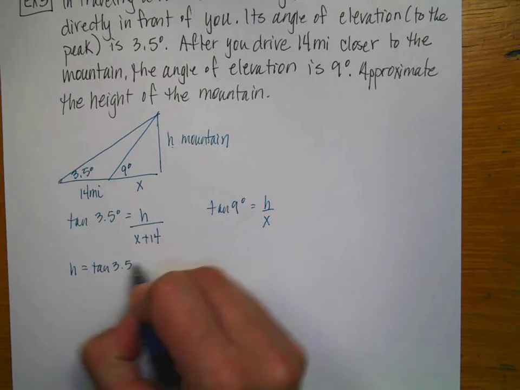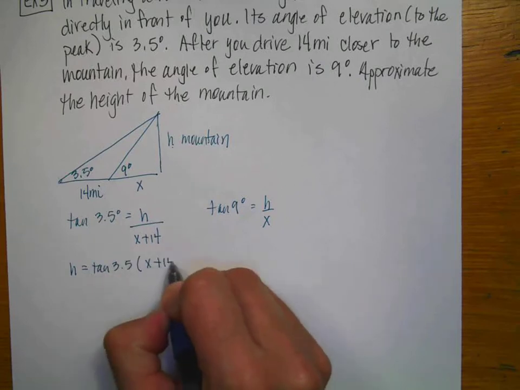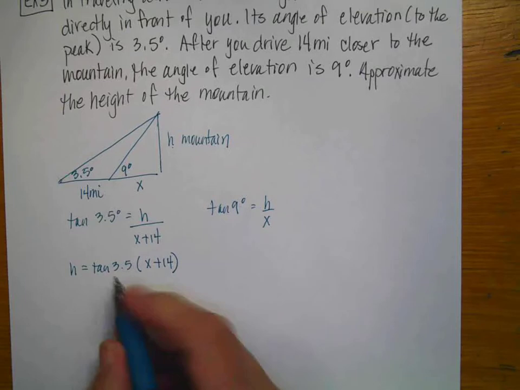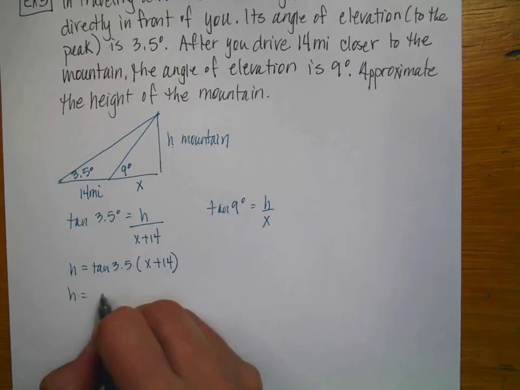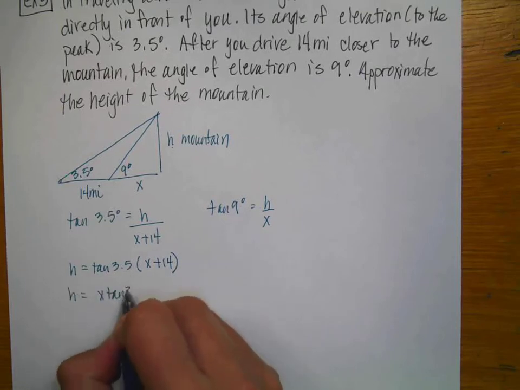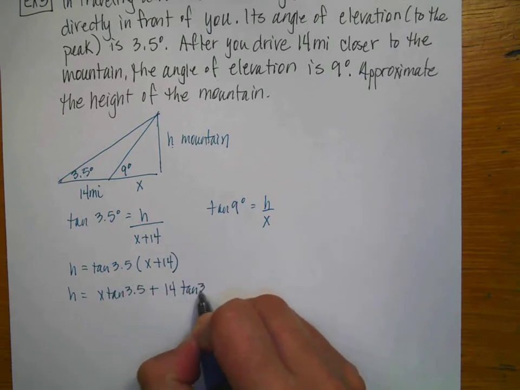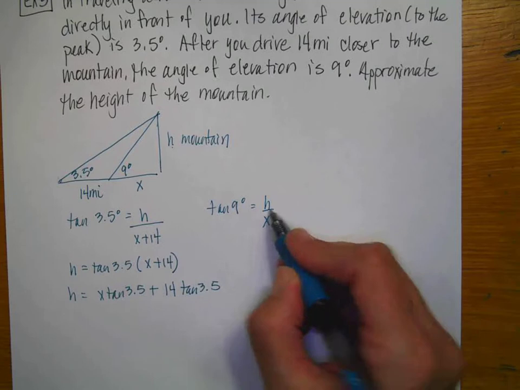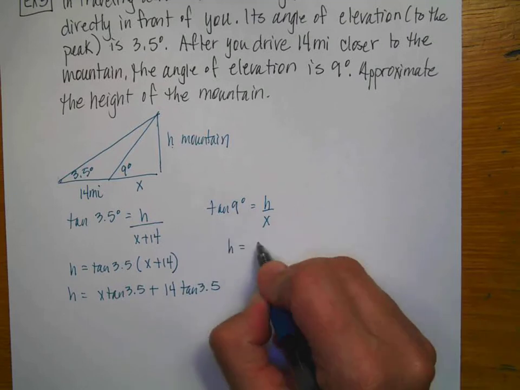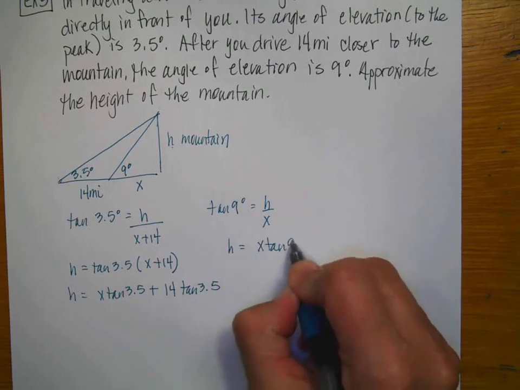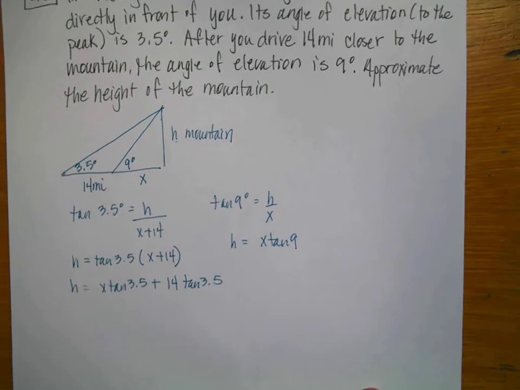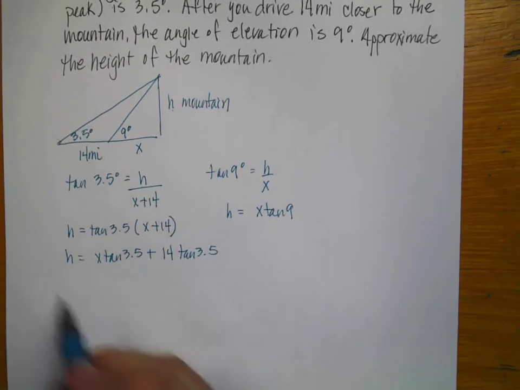So h in the first equation is the tangent of 3.5 times x plus 14. I'm going to finish this piece first. So h is x tangent 3.5 plus 14 tangent 3.5. And in this equation, h is going to equal x tangent 9.